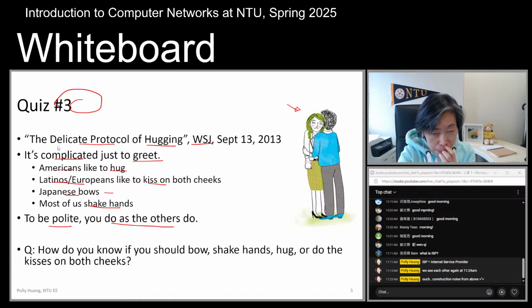Now, the challenging part is this: how do you know? How do you know if you should bow, shake hands, hug, do the kisses on the cheeks, or something else? Yeah, this one is very open-ended.